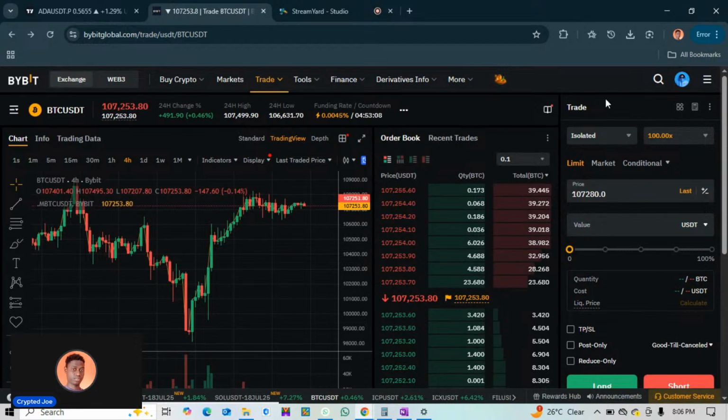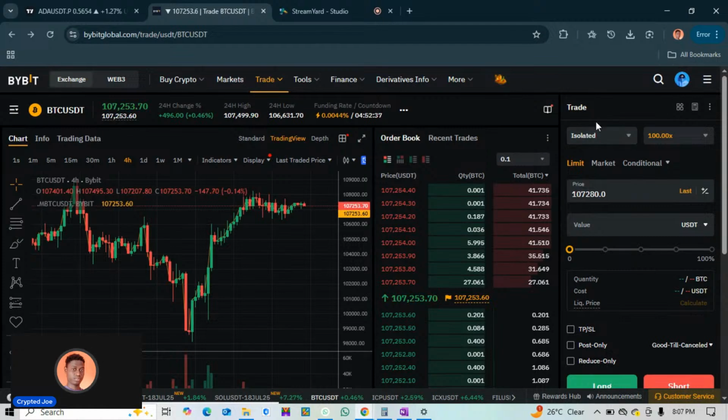Basically, the main function of an exchange is for trading, either spot or futures. These are the two main types of trading done on an exchange: spot trading and futures trading. But today we are focusing on futures trading, how to use the futures in Bybit, how to navigate around them and use them in your futures trading journey.